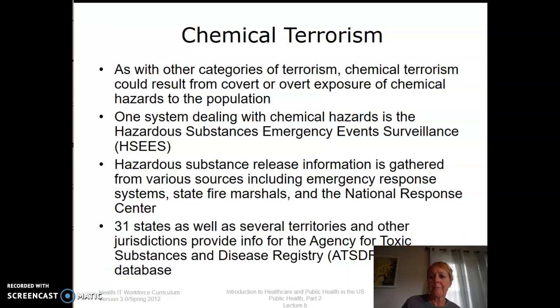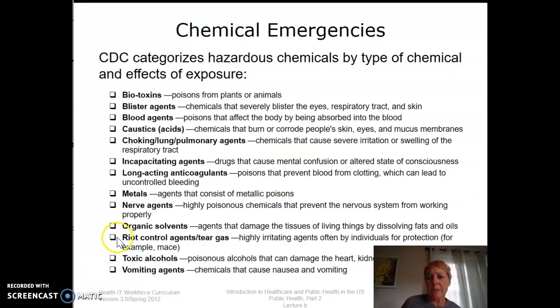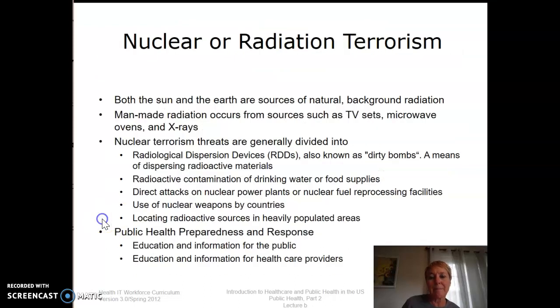Chemical terrorism, different things that can happen would be the use of chemicals spread over a geographic area to cause illness and injury. Chemical exposures, biotoxins, poisons from plants, things that cause blistering, blood agents, poisons that affect the body when it's absorbed, choking and pulmonary agents, organic solvents, tear gas, all kinds of things.